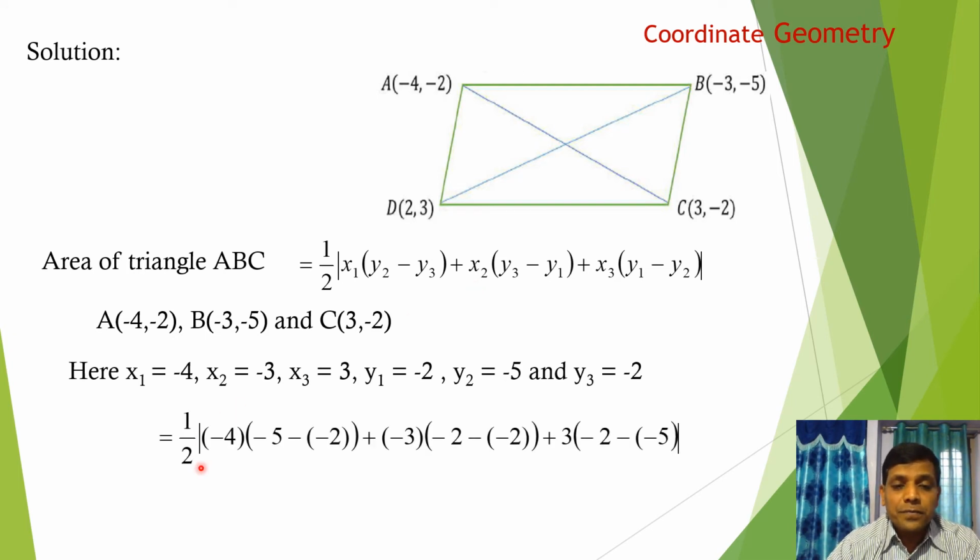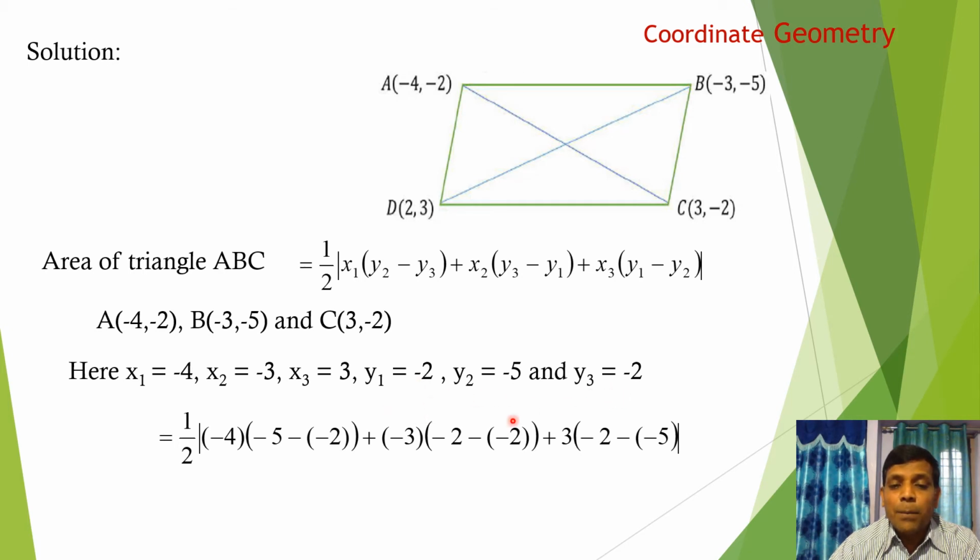Half into x1, x1 means minus 4, times y2 minus y3, which is minus 2 minus of minus 2. Then y2 minus y3 means minus 5, minus of minus 2, plus x2 into x2, which equals minus 3, times y3 minus y1. y3 equals minus 2 and y1 equals minus 2.